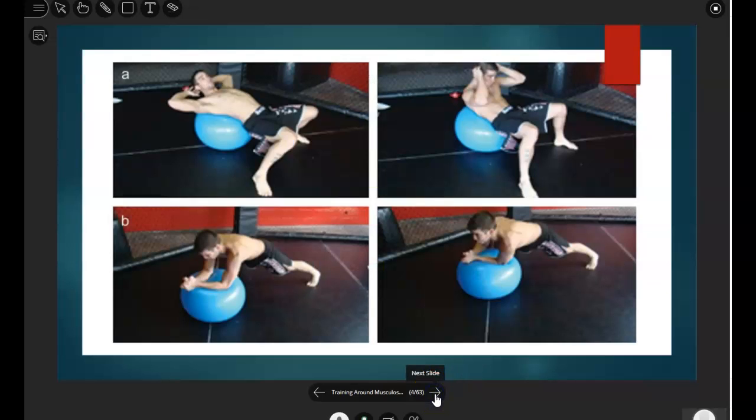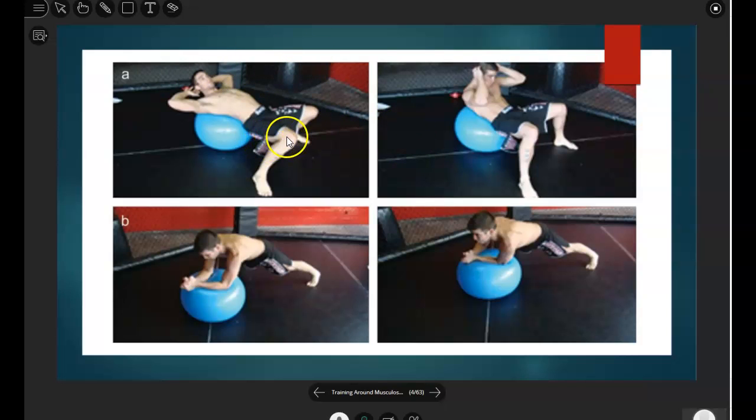So let me ask you this. Let's imagine that somebody has flexion-based low back pain. When they go into spinal flexion, that hurts their back. Of these two exercises, A and B, which one do you think would exacerbate the situation? You can just type it in the text box.